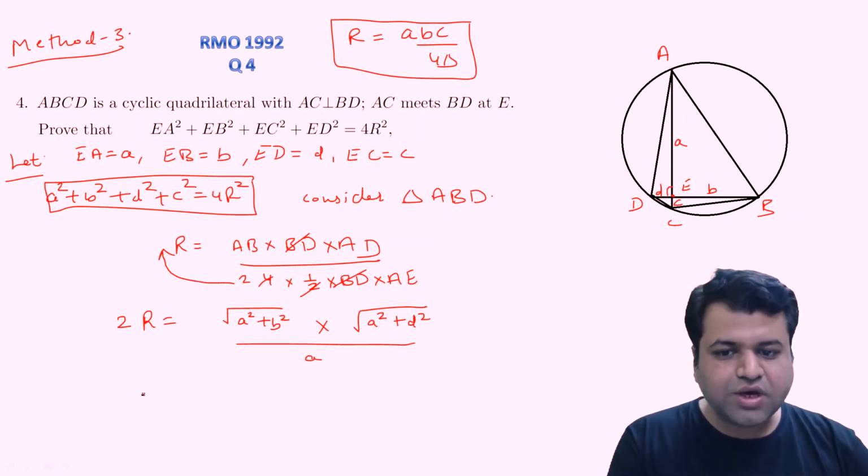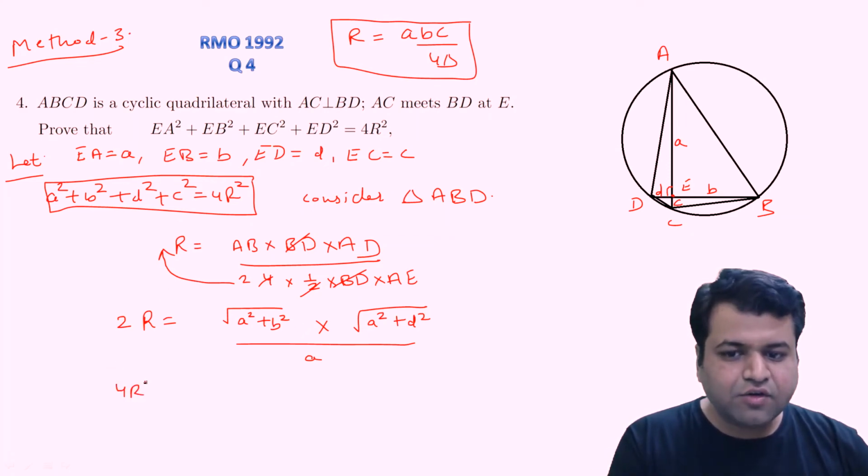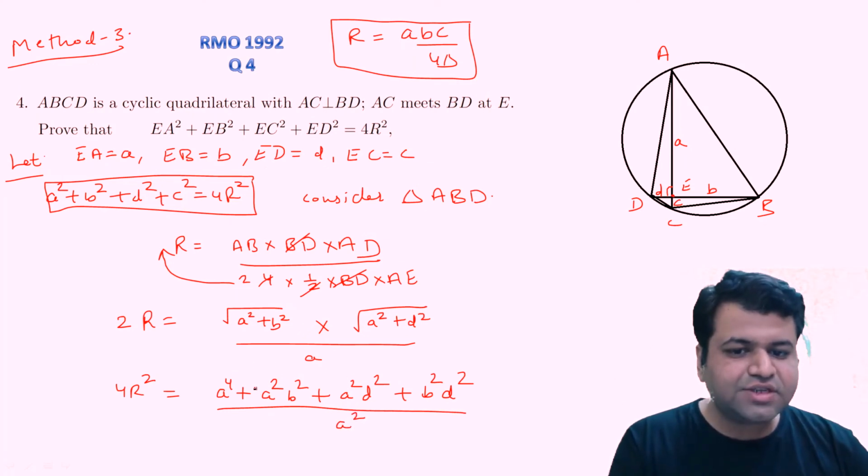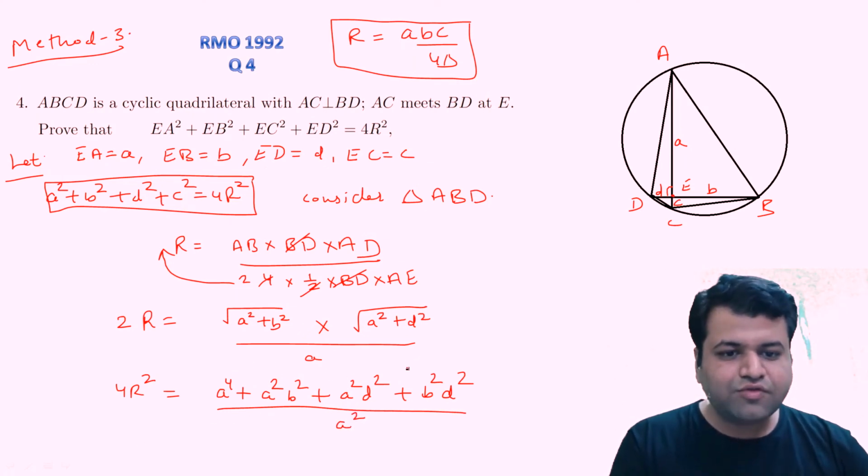Now let's square these things. What we will get? 4R square, that is equal to, these two will get multiplied, a power 4 plus a square b square plus this a square d square plus this b square d square whole upon a square, right? As you can see, in the first 3 terms a square got cancelled out.